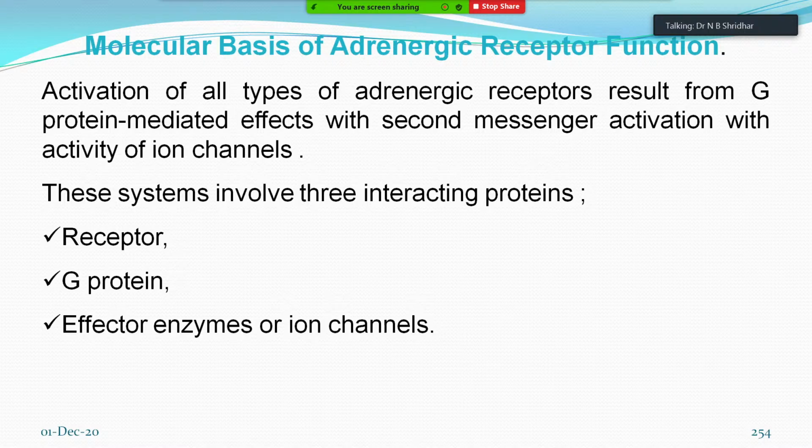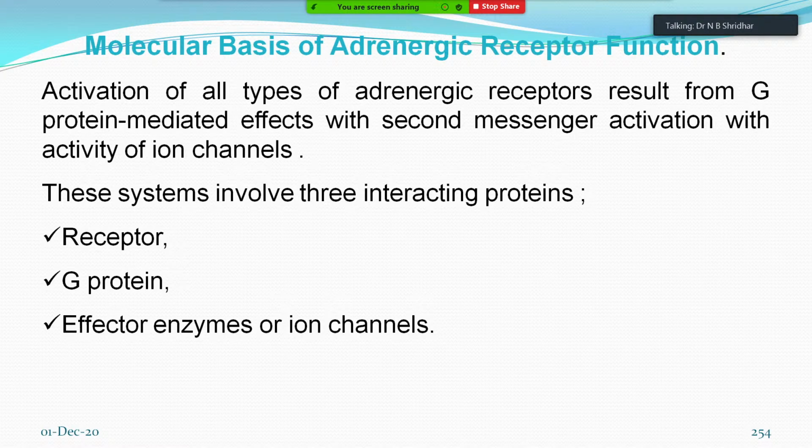So what is the basis for the action is this system, especially the activation of the receptor involves three interacting proteins. Number one is the receptor, then the G protein, and effector enzymes. All these are the proteins.